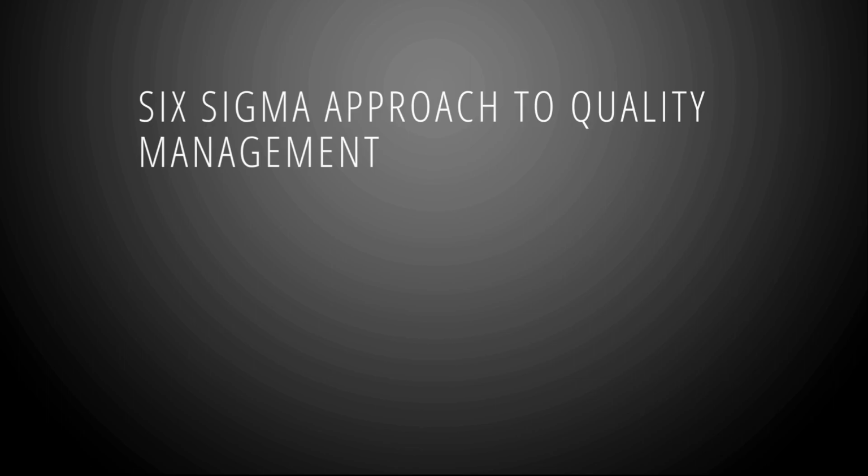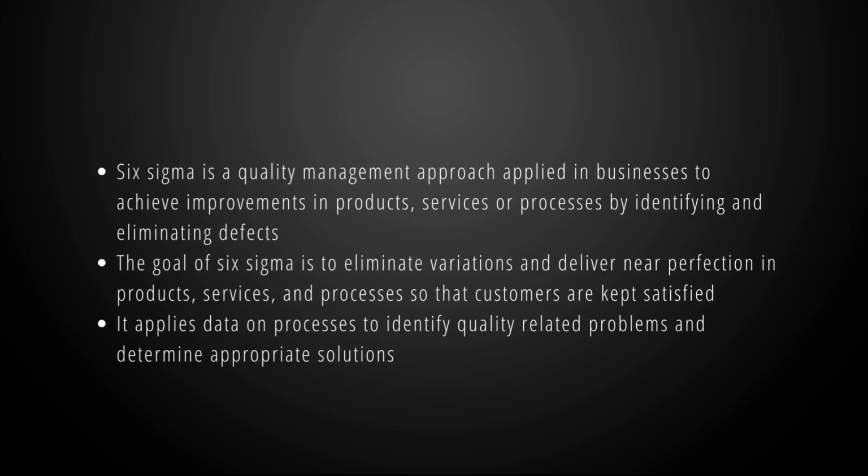Today in our video we are going to be looking at the Six Sigma approach to quality management. So Six Sigma is a quality management approach applied in businesses to achieve improvements in products, services, or processes by identifying and eliminating defects.